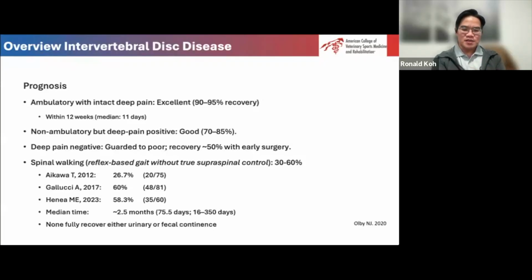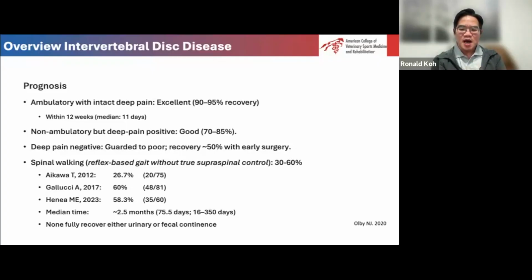Let's talk a little bit about prognosis. This is one of the important things that you need to know, and you also need to be able to tell the owner so that they can make a decision whether or not to go to surgery. In dogs that are ambulatory with deep pain, the prognosis is always good. About 90 to 95% will recover, often within 12 weeks, with the median around 11 days.